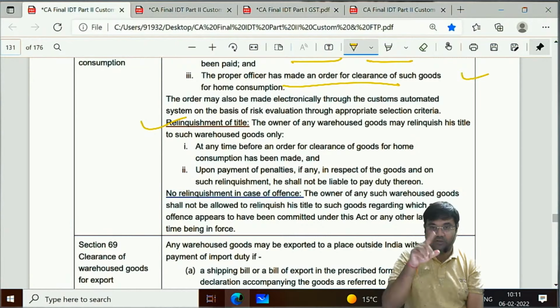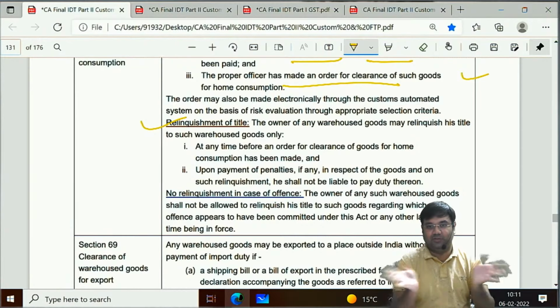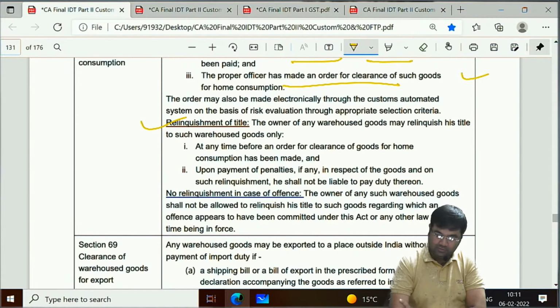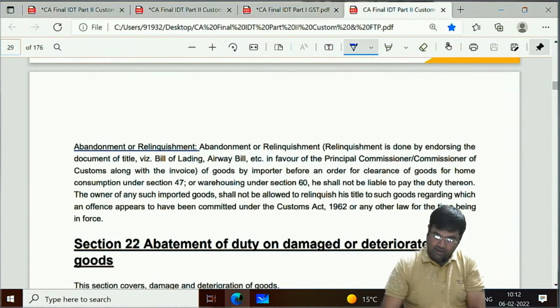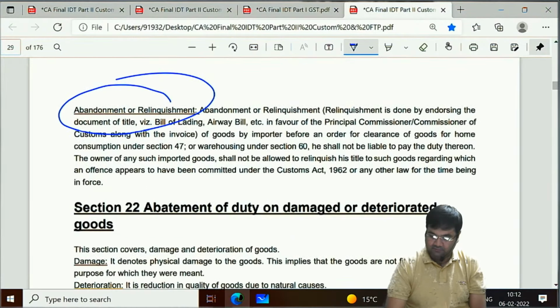Relinquishment of title. Warehouse goods he can also relinquish. It means he can say, sir, I don't want to clear the goods. Basically the government becomes the owner. We discussed this similar concept in section 23 also, abandonment or relinquishment, on page number 27, Chapter 1.